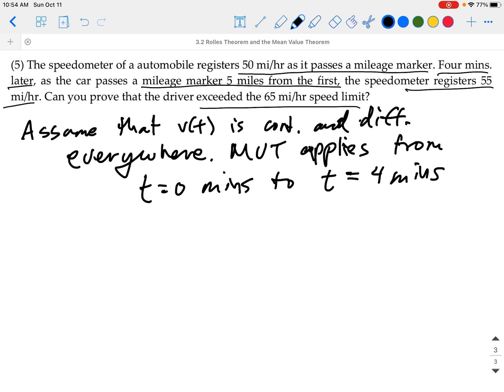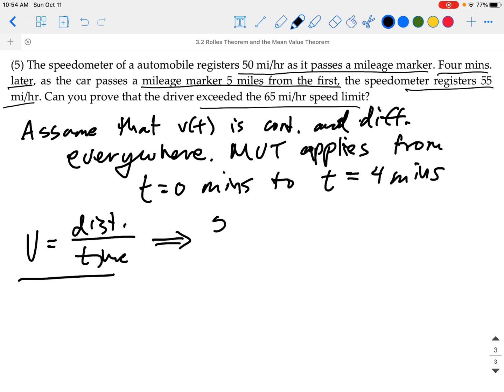So on our specific measurement that we found from 0 to 4, where 0 is when we passed the first mileage marker that we were at, and then 5 miles later. So we know that the average, if we're looking at distance over time, so velocity is distance over time, then our average rate of change is going to be 5 miles minus 0 miles.